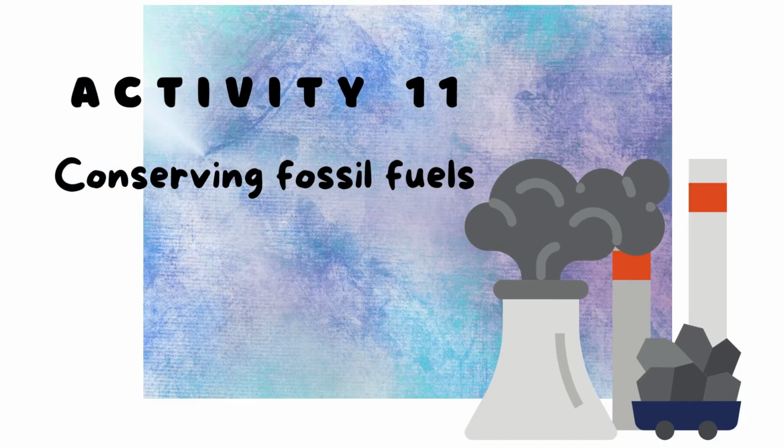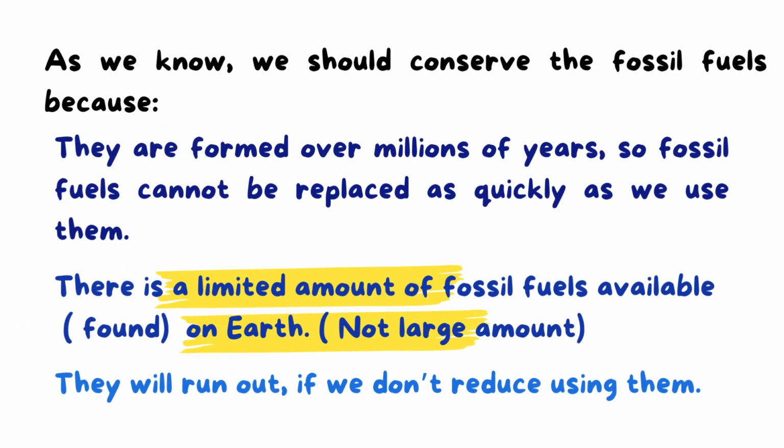Okay, as we know, we should conserve the fossil fuels because they are formed over millions of years. So fossil fuels can't be replaced as quickly as we use them. Yes, and there is a limited amount of fossil fuels available on Earth. What is the meaning?